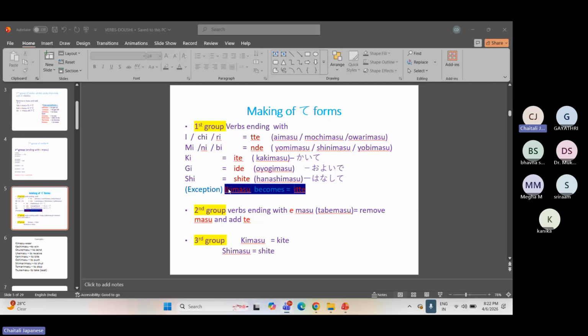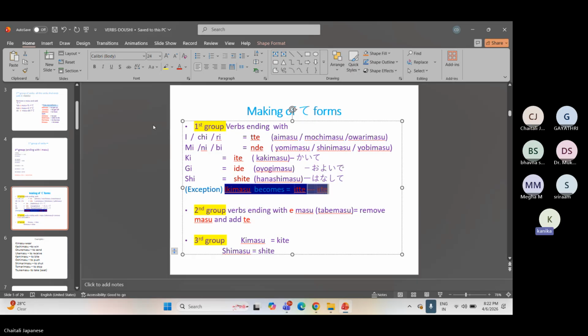But if you change it to ite, that one we already have, so it will be te, which sounds wrong. Te sounds wrong. So this is an exception: ikimasu will be changed to itte. We keep i as it is and double the te, itte. Only for ikimasu.